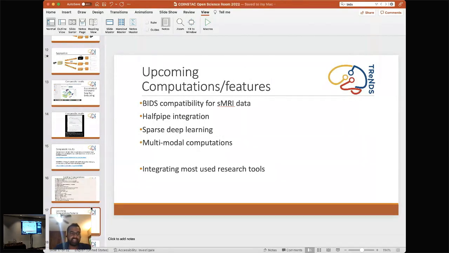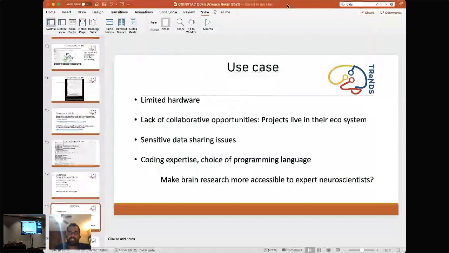So here's the use case that I want to discuss. Let's say that we are in a place where there is limited hardware, whether it's a different part of the world, or another company with limited hardware resources, and there's not enough collaborative opportunities for networking, and the projects are living in their own ecosystem.